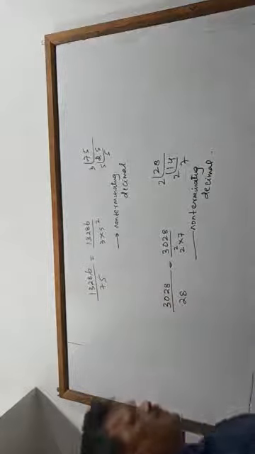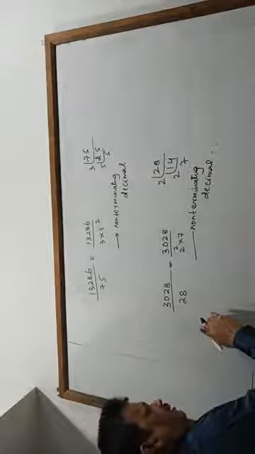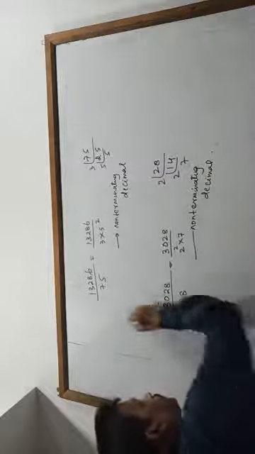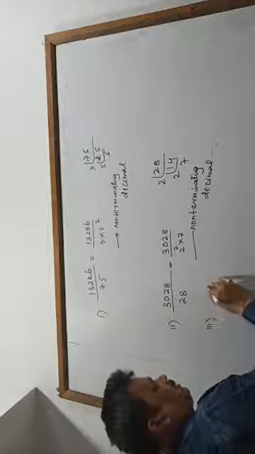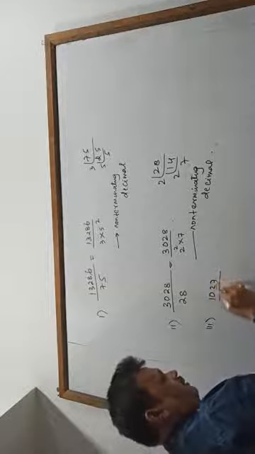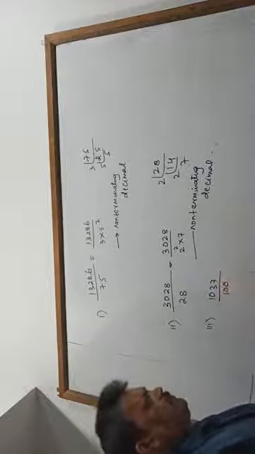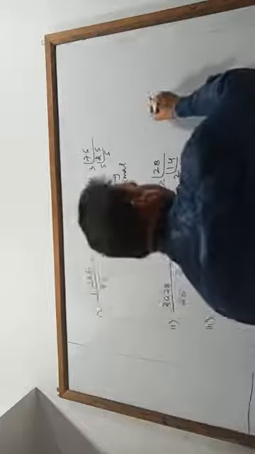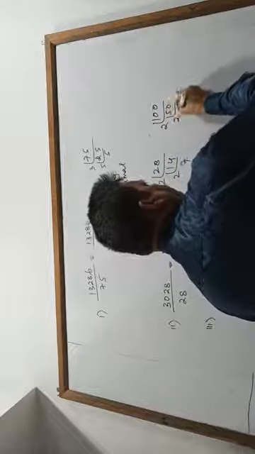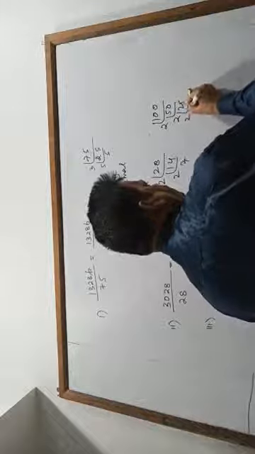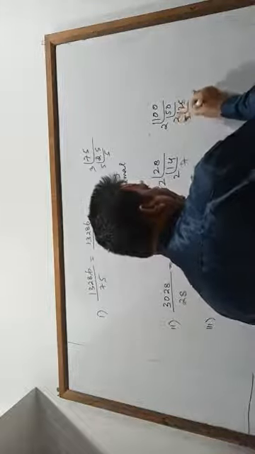Okay. Then if I take 1037 divided by suppose 100. So 100 factors, 2 50, 2 25, 5 5.